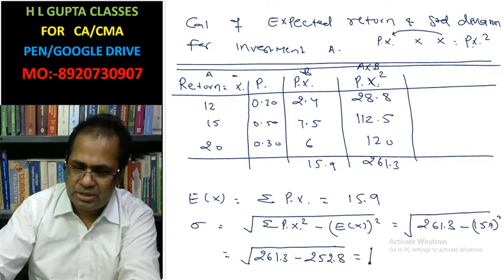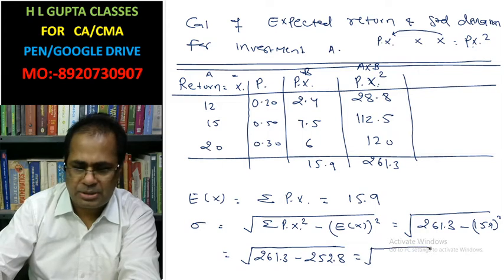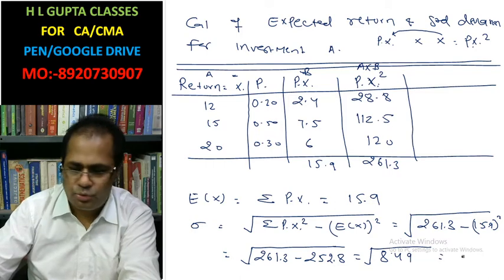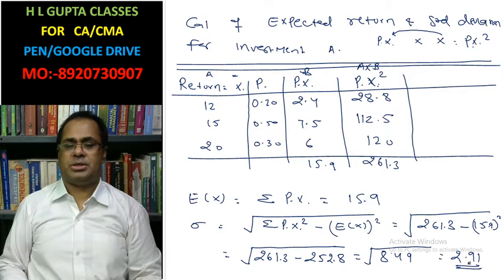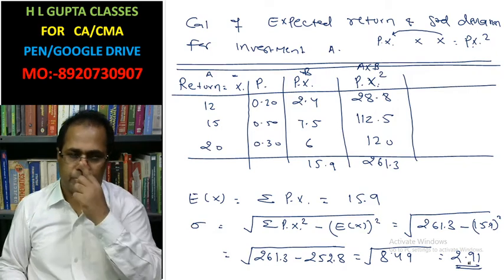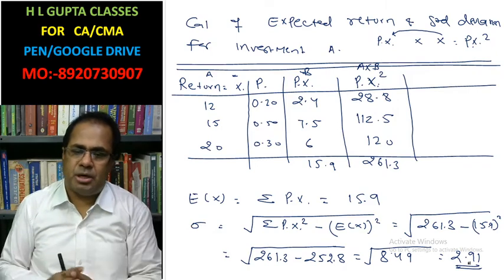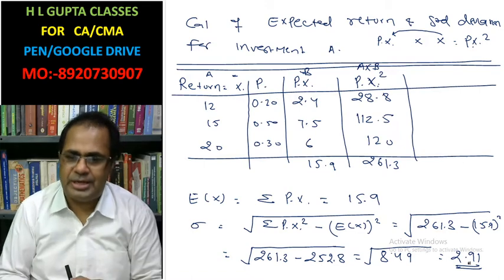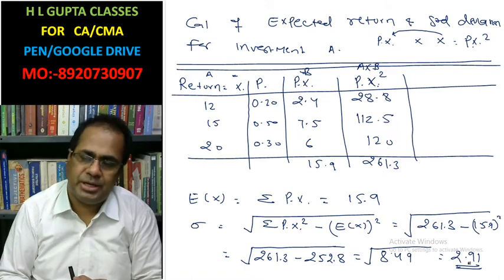After subtracting you will have 8.49, and the square root is 2.91. That is the expected return and standard deviation for investment A.